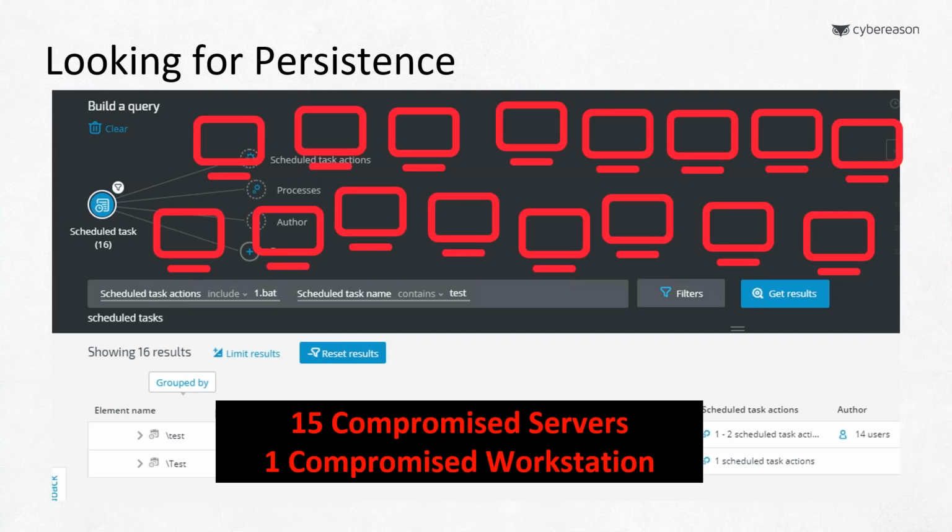Now, this also gave us another indication as to how the attacker possibly penetrated the network, because as we see, there are many servers here, which means that the attacker has probably penetrated the network in a servers segment, possibly by some vulnerability in a server that is exposed to the internet, causing it to run his code.